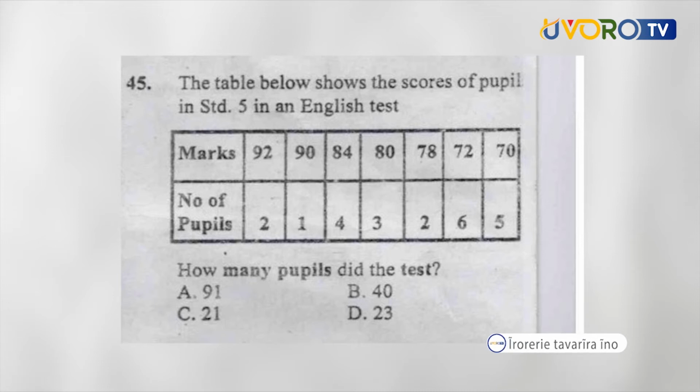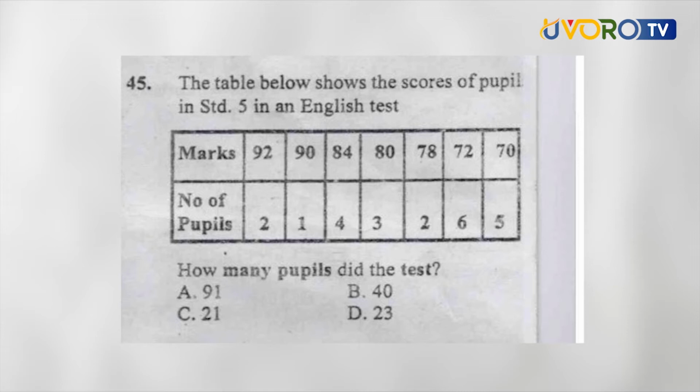We have marks 92, 90, 84, 80, 78, 72, 70. Number of pupils, we have 2, 1, 4, 3, 2, 6, 5.